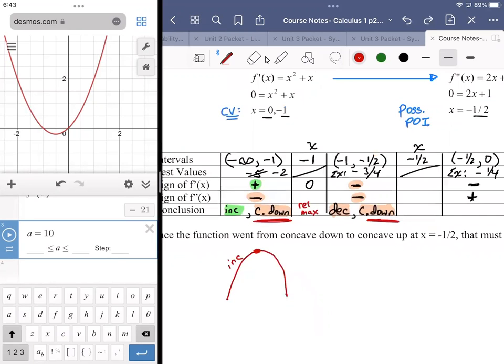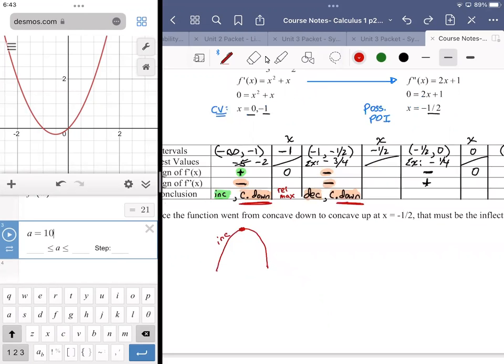So then the next known interval, we have the first derivative is negative, which means the function is decreasing. The second derivative is positive, which means the function is concave up. So decreasing, concave up.